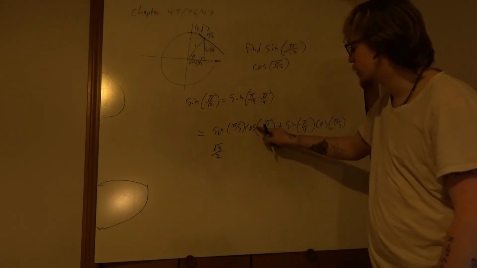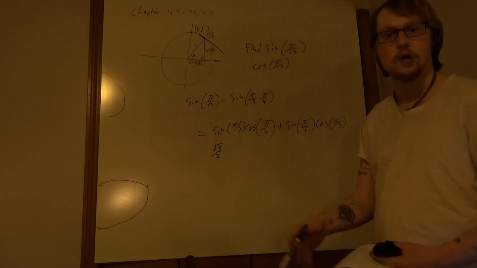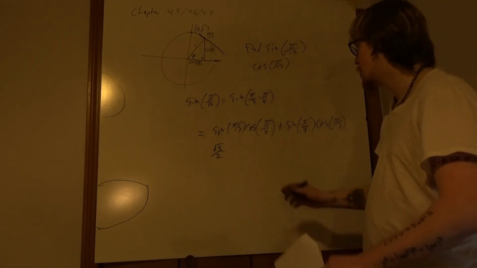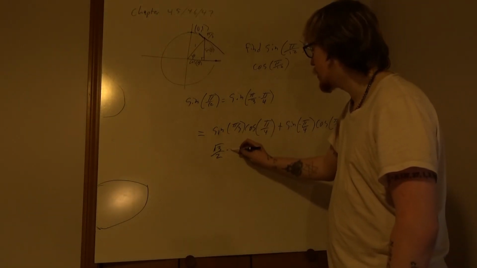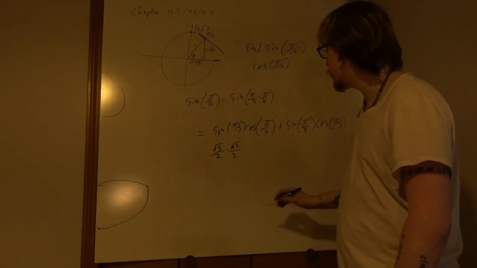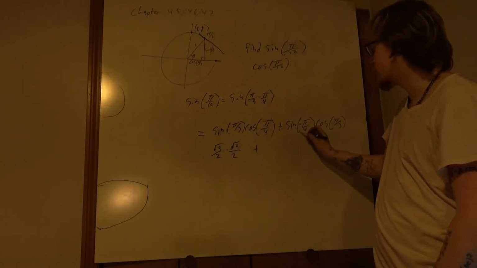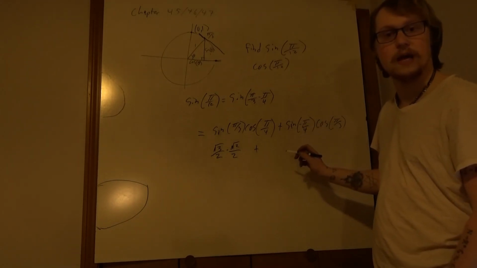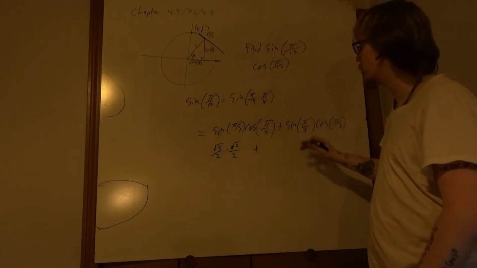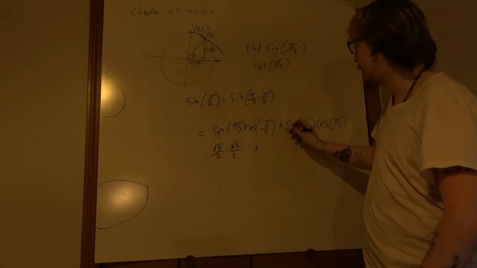So we can basically ignore the negative sign because cosine is an even function. And then cosine of pi over 4 is root 2 over 2. Then we come over here. Sine is not an even function, so it does care about that negative sign, but the way it cares is by factoring it out.